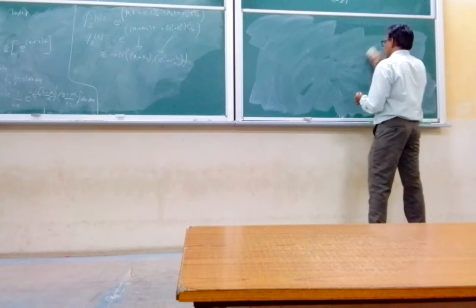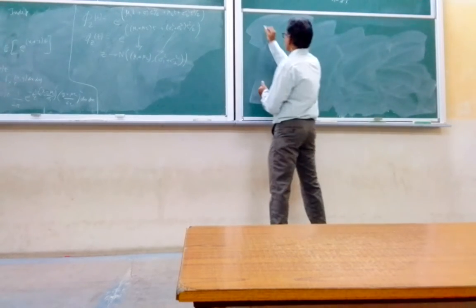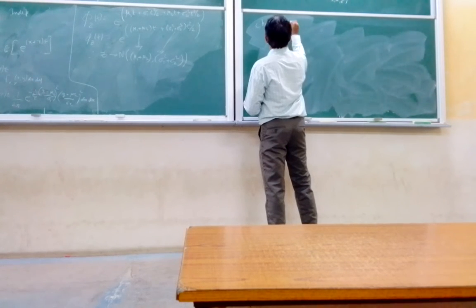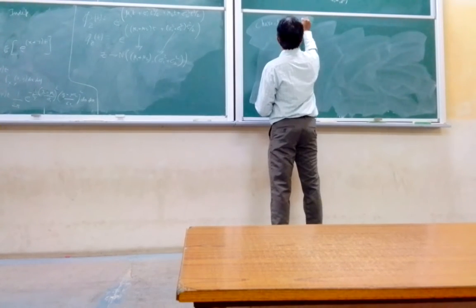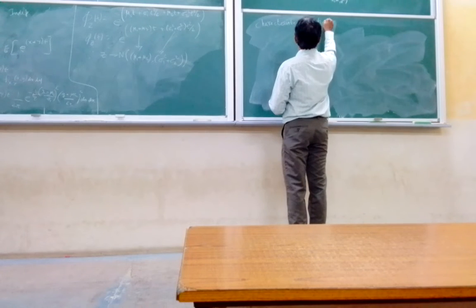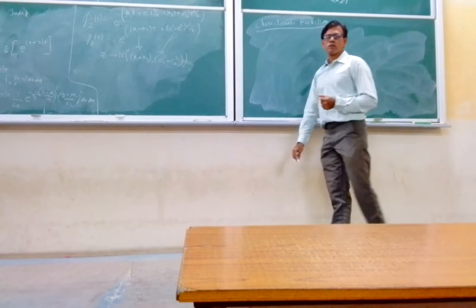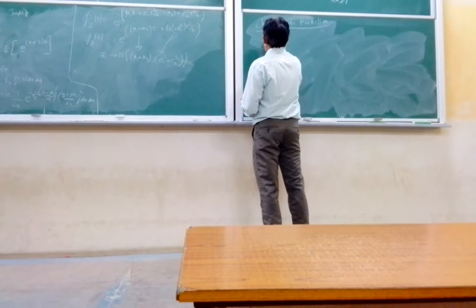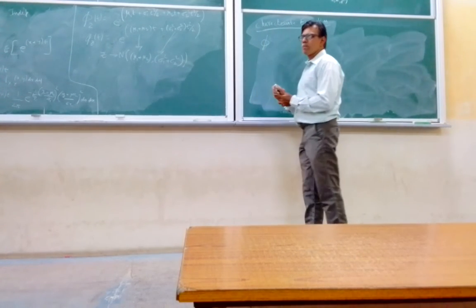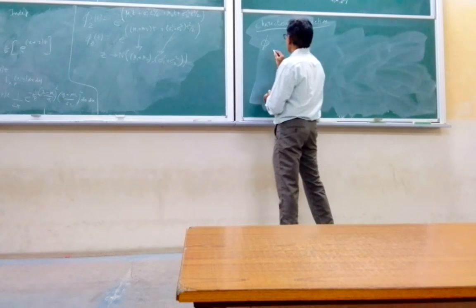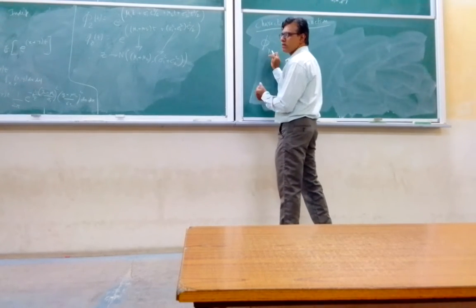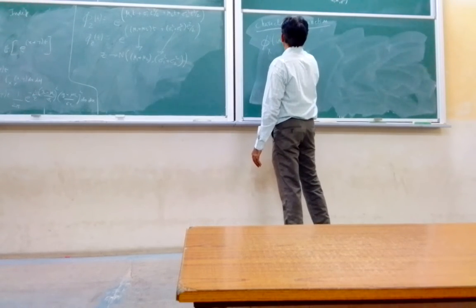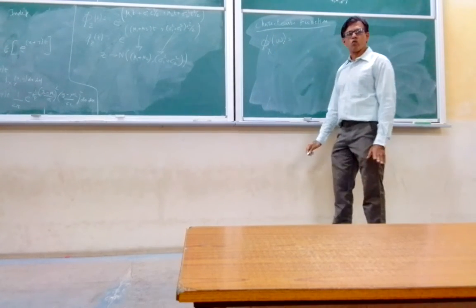That is the characteristic function. So we will use maybe the same symbol psi. The random variable comes as the argument, and the transformation variable we will call omega.